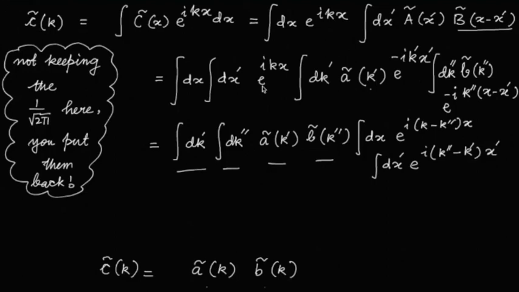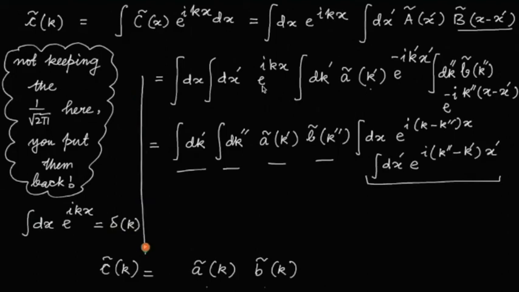Now you know that if I do this integral, dx e to the ikx, and again modulo that factor of 1 by 2 pi, it is nothing but delta of k. That's one of the representations of the delta function. So what I can write here is delta of k'' minus k'.